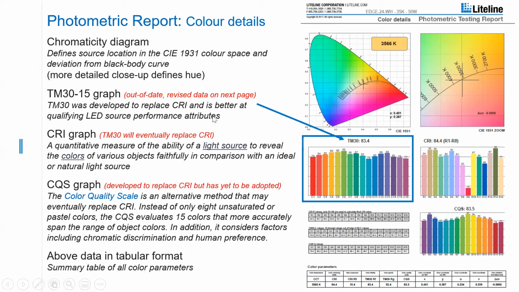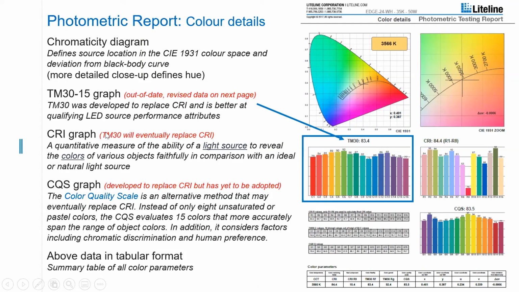I'll have more on TM30 shortly. Anyways, this chart represents the data that was generated by IES test method 30 that was developed in 2015. We're going to be removing this chart because we're going to have an entire page on TM30-2018, the newest iteration of that test methodology. And you'll see that it's been quite significantly enhanced.